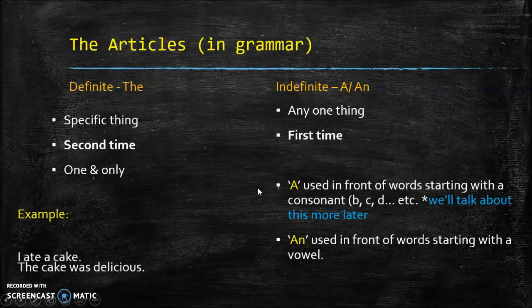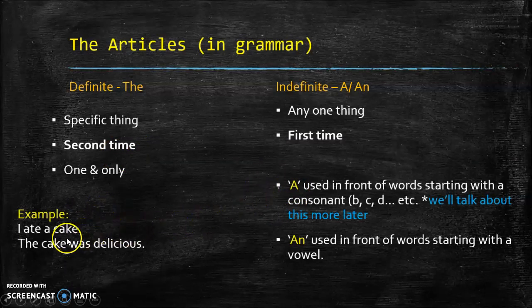An example of that is I ate a cake. The cake was delicious. So here, imagine that I talked about that I ate a cake, and then now that I'm talking about this cake, I say the cake, meaning the cake that I ate was delicious.